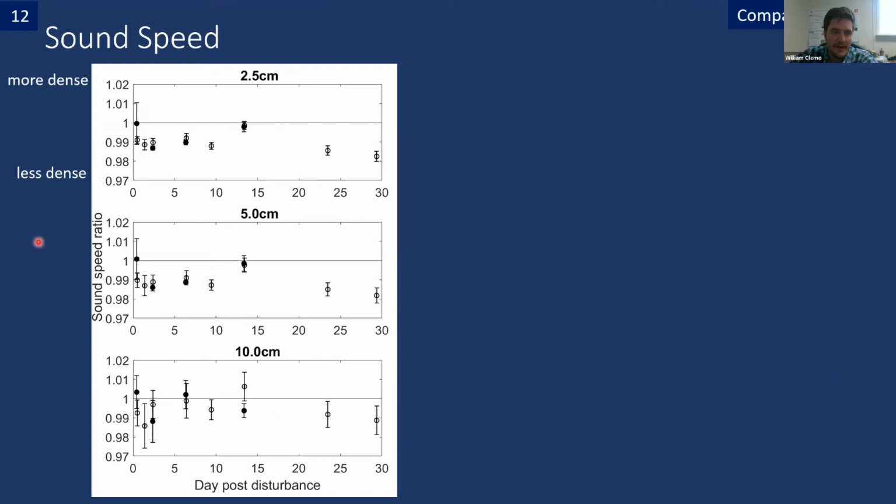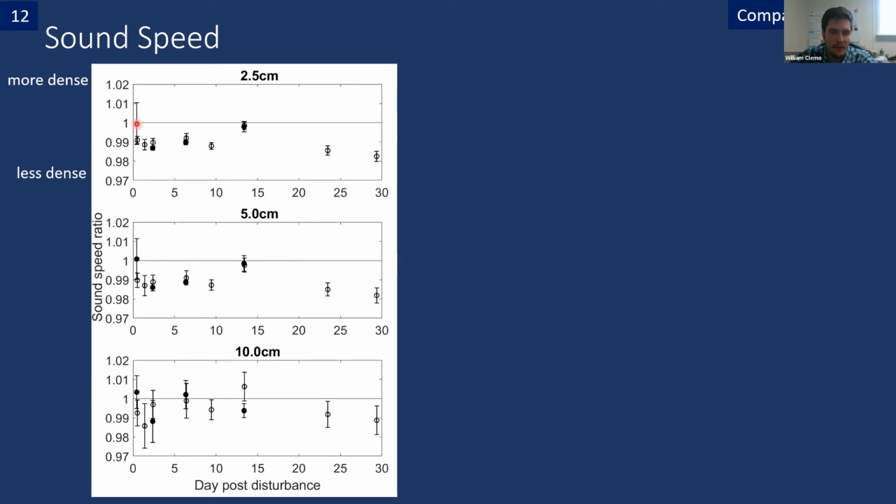Here we have average sound speed ratio plotted against time, and a reminder that higher sound speed ratio means faster sound, which generally indicates increasing density. These filled circles are the individual time point scans, while the open circles are the day 30 cores that we scanned multiple times over this experiment to provide a more complete and continuous picture of sound behavior over time.